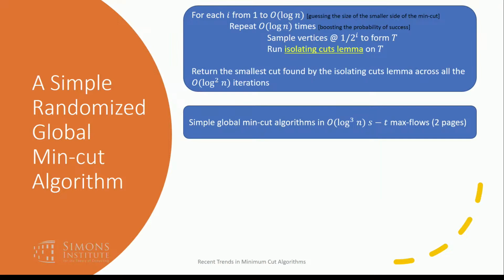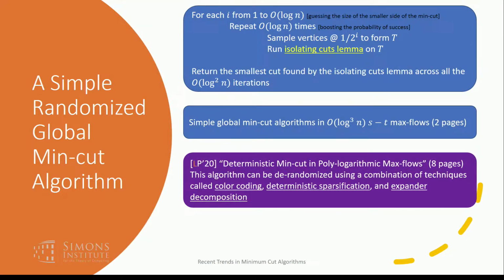Instead, we showed that you can de-randomize this entire procedure. In particular, you can de-randomize this vertex sampling here, and the isolating cuts lemma is also deterministic. You can do the bipartitioning deterministically. The final result in our first paper was a deterministic min-cut in polylog max flows, and this did improve upon the previous best deterministic algorithm.